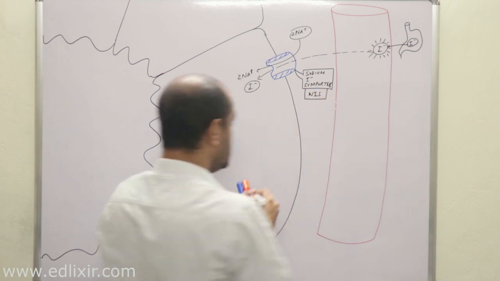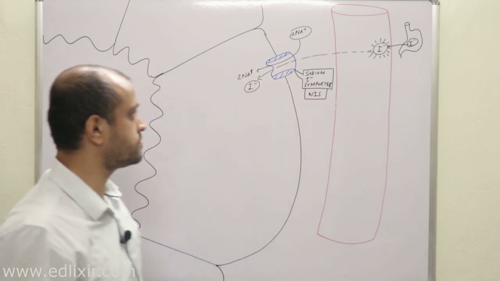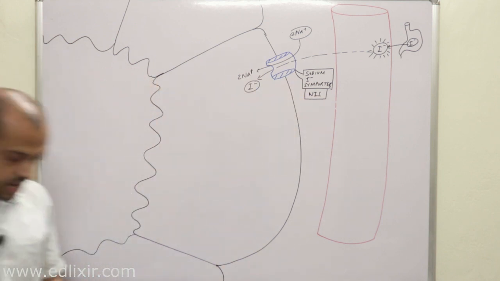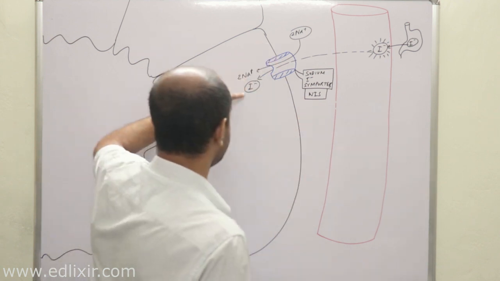Here in NIS, N stands for sodium. Clear? So with the help of NIS, sodium as well as iodine enters.